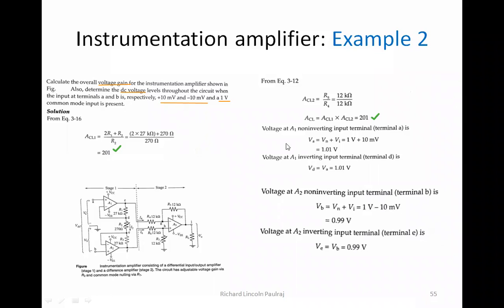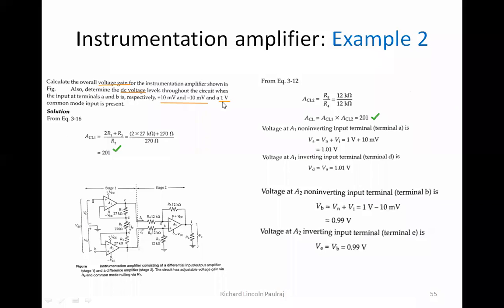It's just nullified. Voltage at op-amp 1's non-inverting input terminal, that is terminal A, right? So where is terminal A? Here, non-inverting, right? So we're looking at op-amp 1 in stage 1. VA is equal to VN. Okay, so VN is here. Now VN is actually 1 volt that we have given, right?